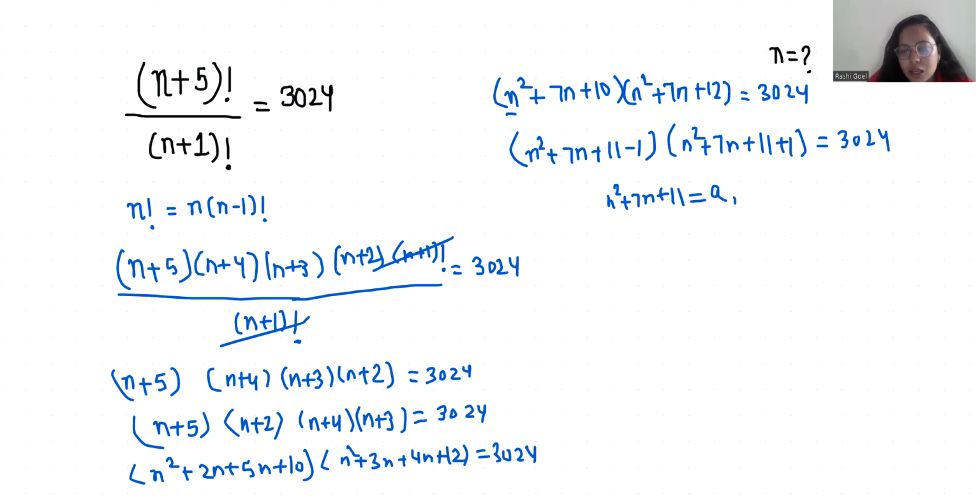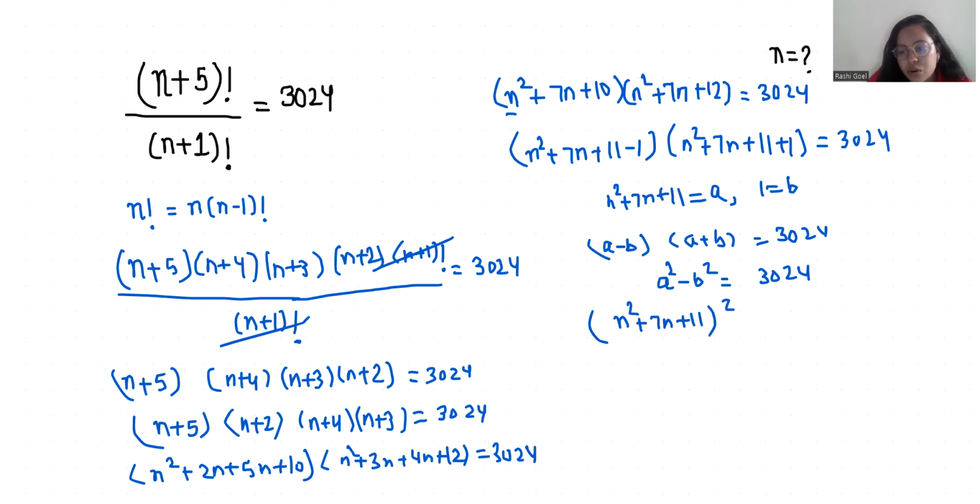So it becomes (a minus b) and (a plus b) is equal to 3024. Now (a minus b)(a plus b) is a square minus b square.